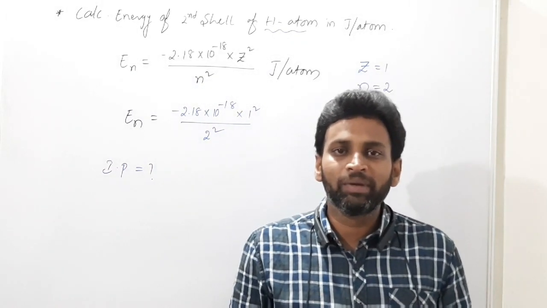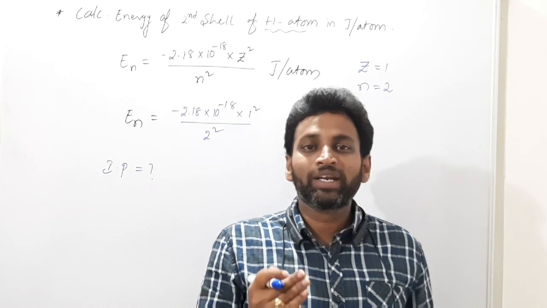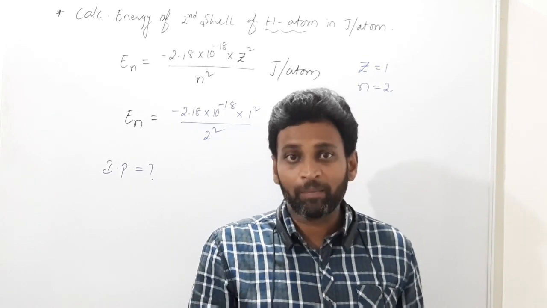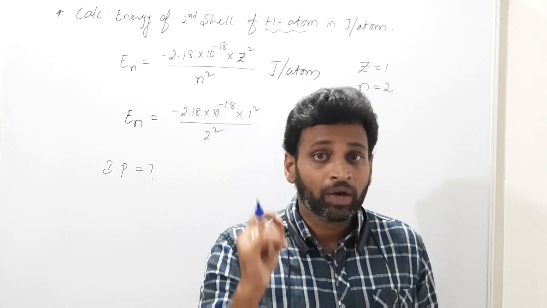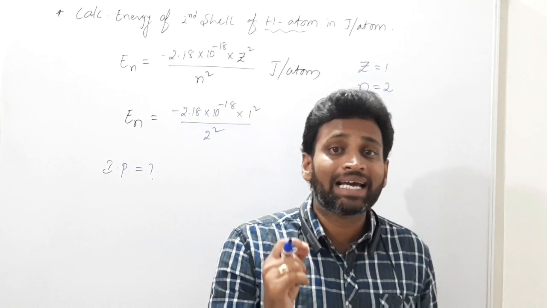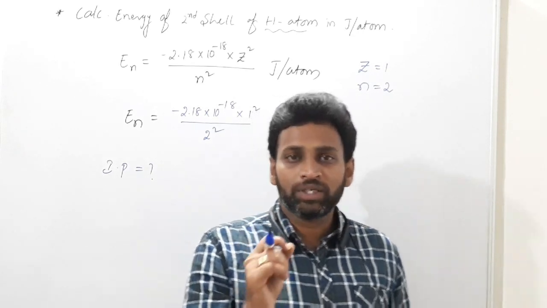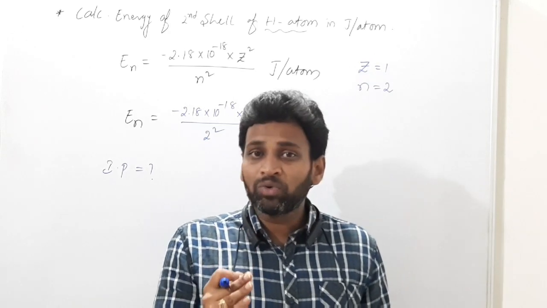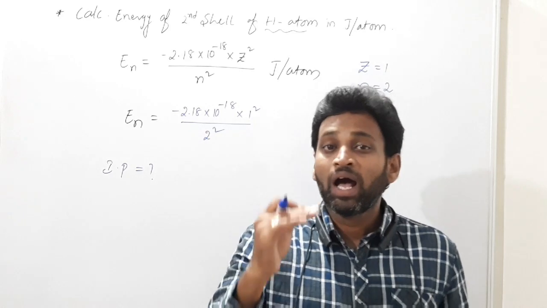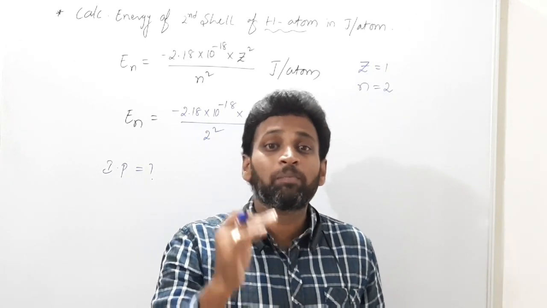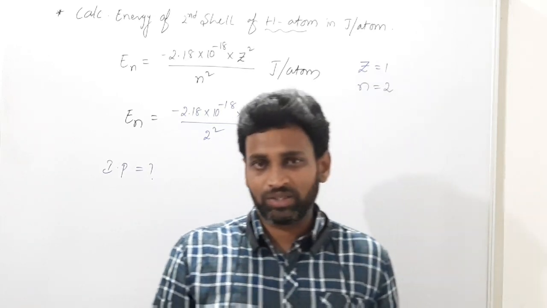Ionization potential means the amount of energy which is required to remove an electron from the outermost shell of a neutral isolated gaseous state atom. So ionization potential is a positive energy.